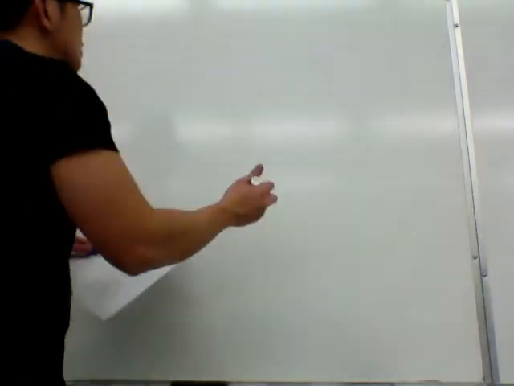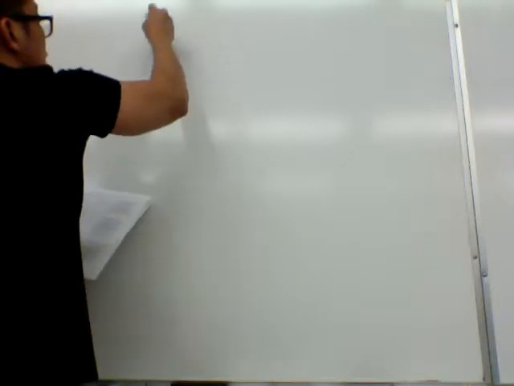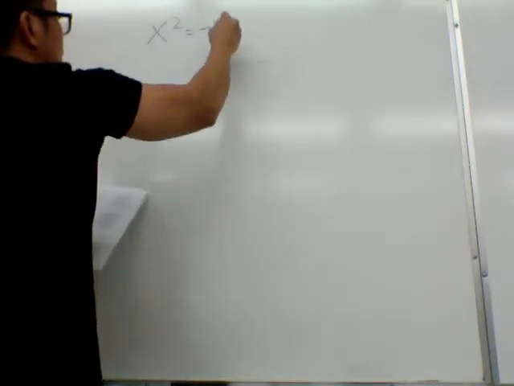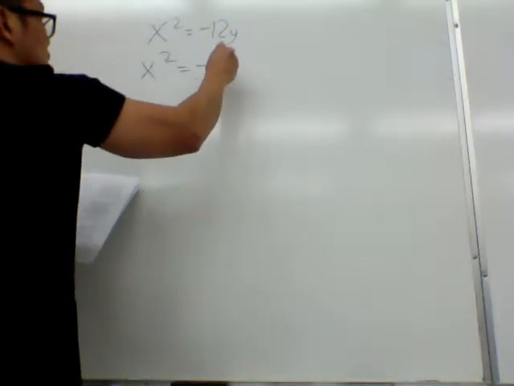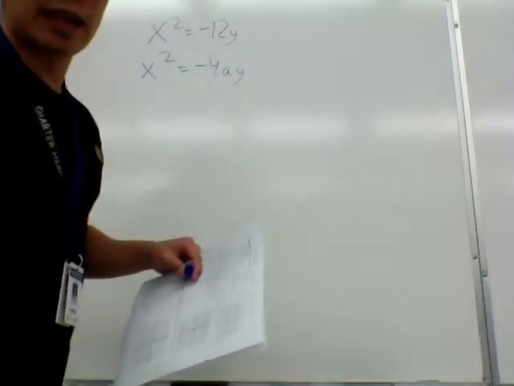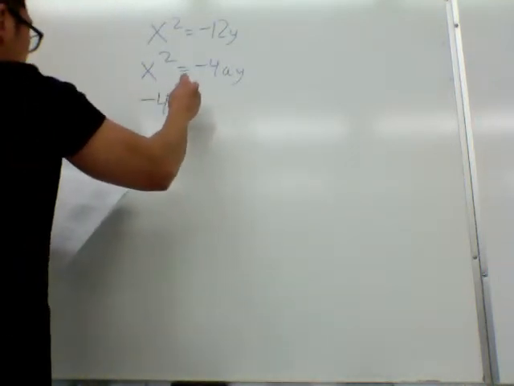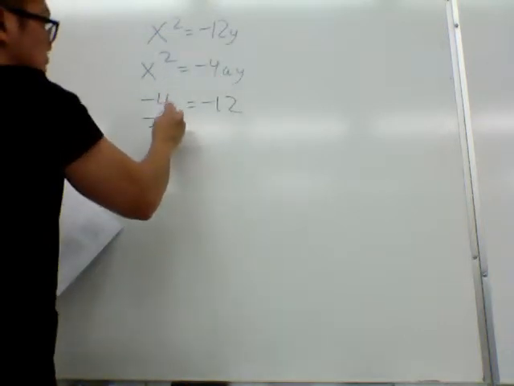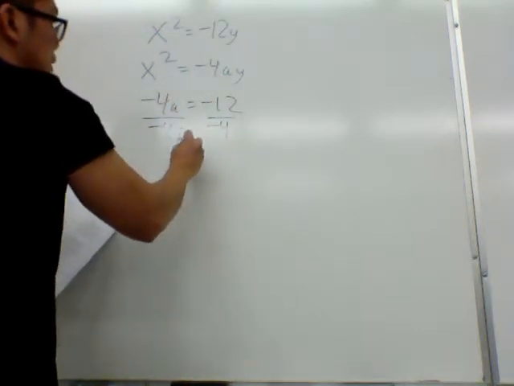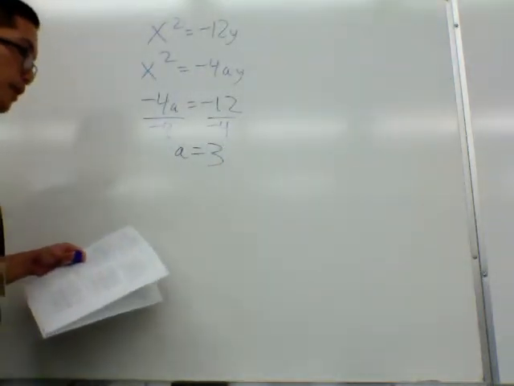Okay. So, I have x squared is equal to negative 12y, and I know it follows case 4, where x squared is equal to negative 4ay. So that means negative 4a is equal to negative 12, because I want to find what the a is. And so a is equal to 3. Okay?